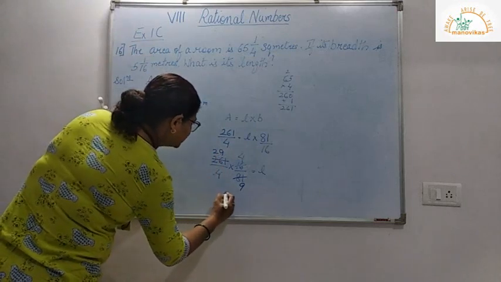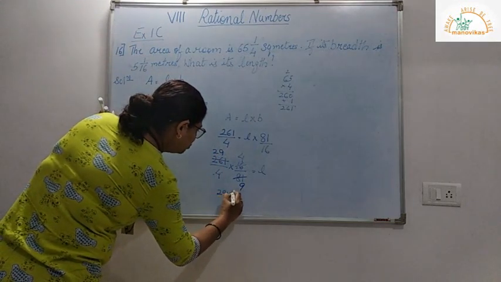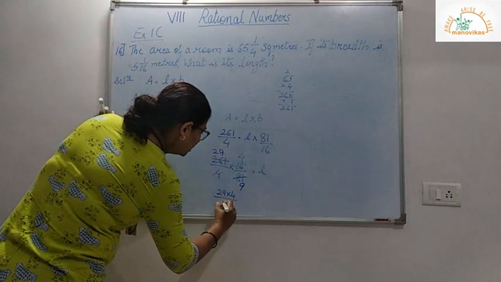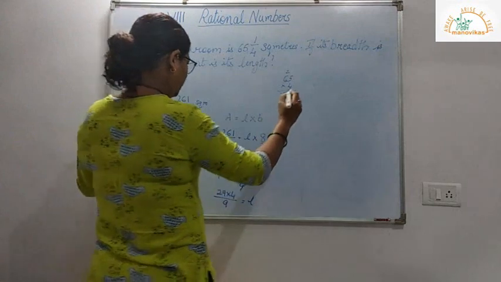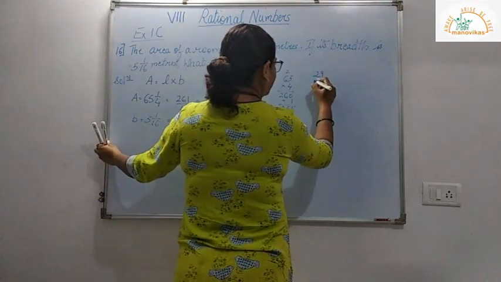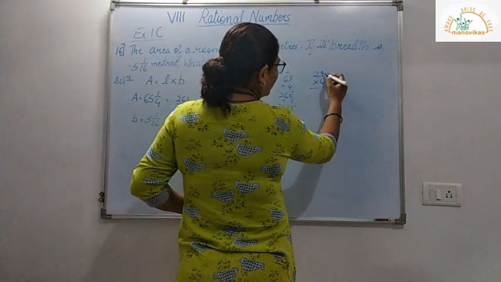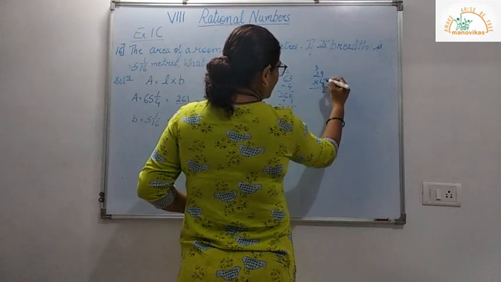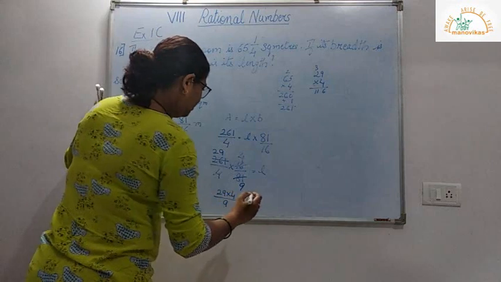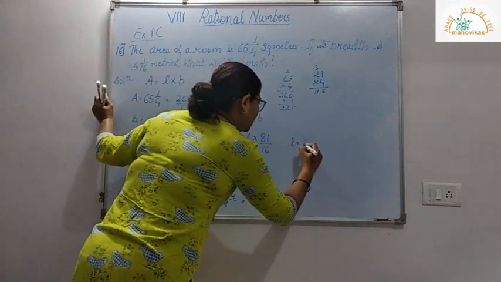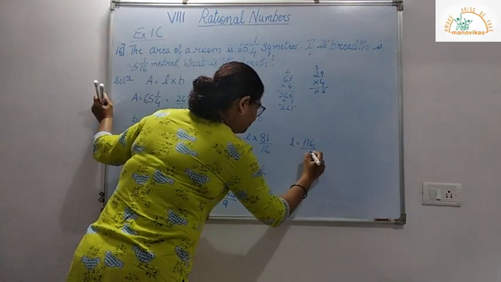So I get it as 29 into 4 upon 9. So here 29 into 4: 4 9s are 36, 3, 4 2s are 8, 9, 10, 11. So 116. So my L is equal to 116 divided by 9.